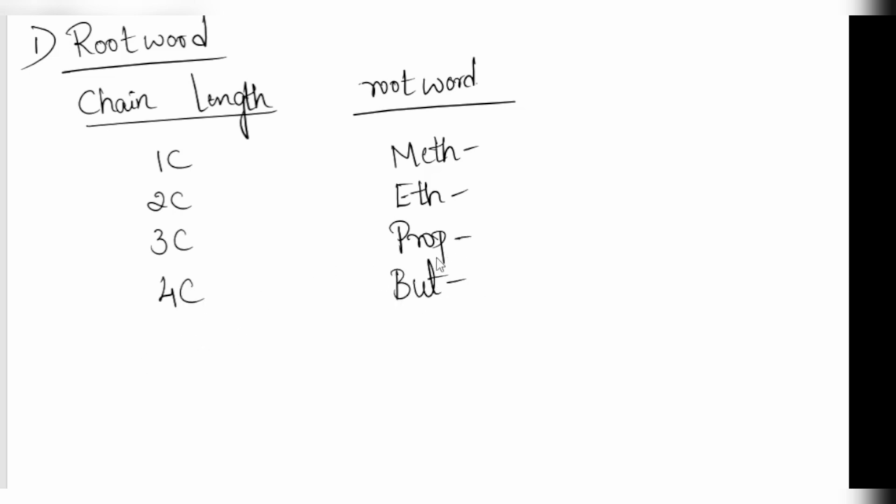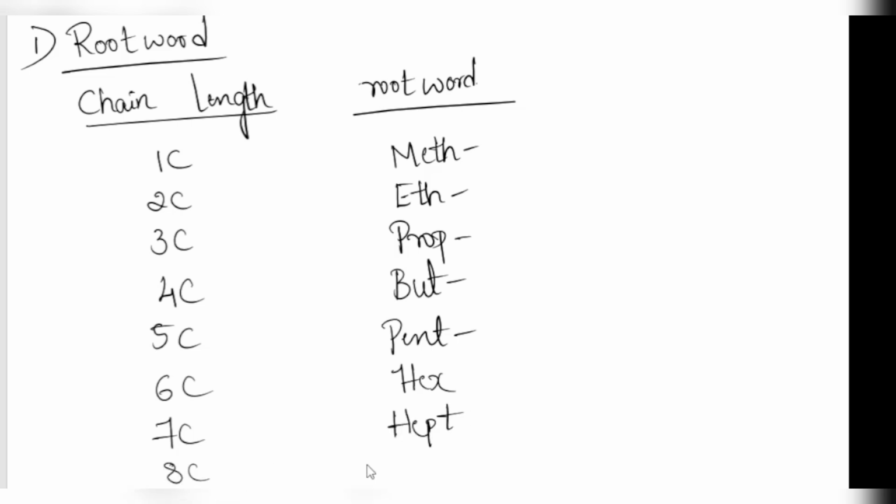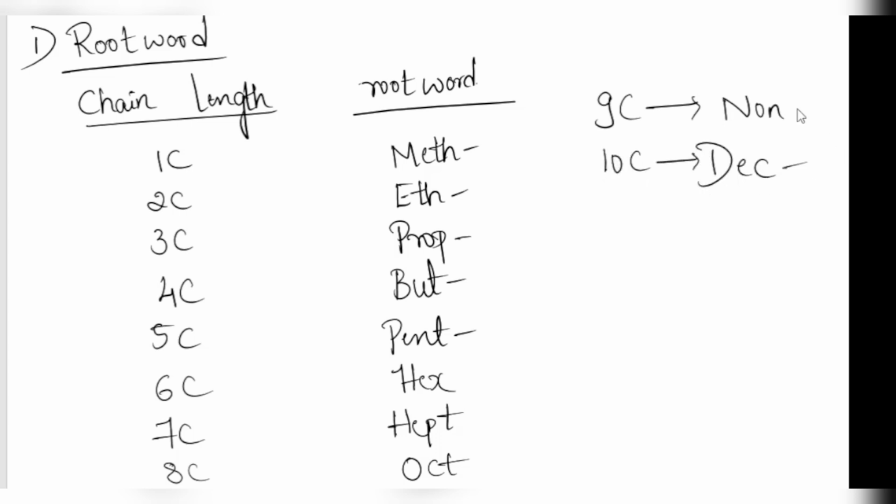For 5 carbon atoms, it is pent. For 6 carbon, it is hex. For 7 carbon, it is hept. For 8 carbon, it is oct. For 9 carbon, it is non. For 10 carbon, it is dec.